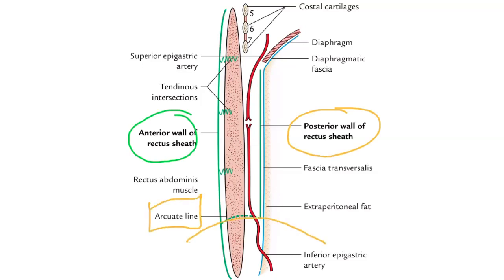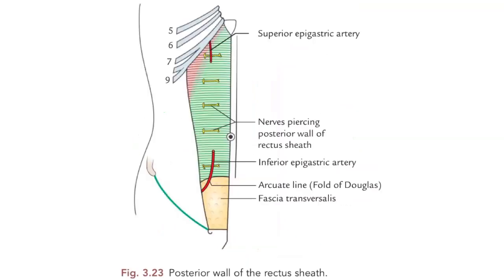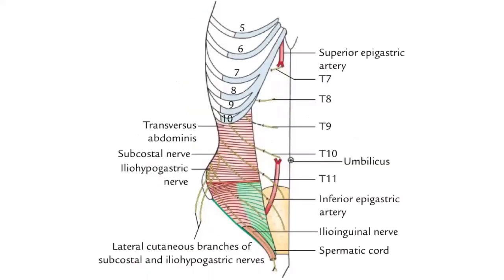Below the arcuate line, there is no rectus sheath in the posterior, right? See, this is the posterior wall of rectus sheath where nerves are penetrating, right? You will understand these diagrams more in the next classes.